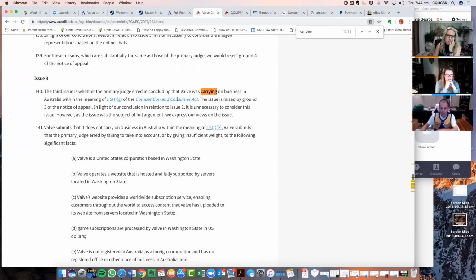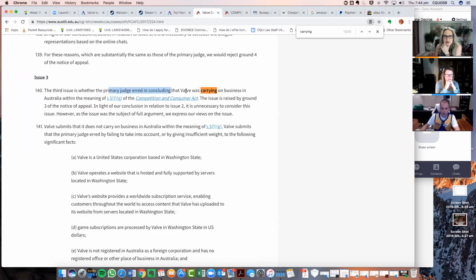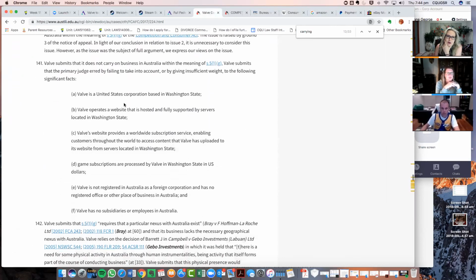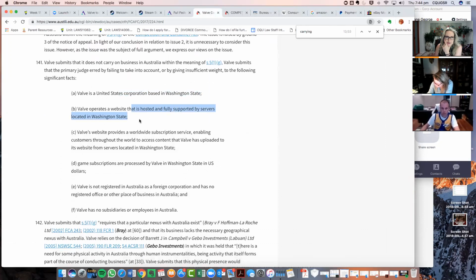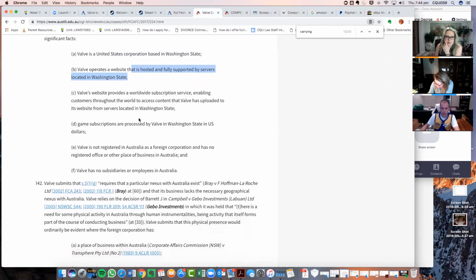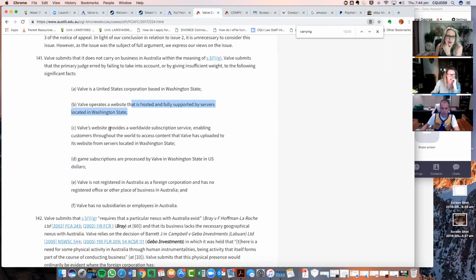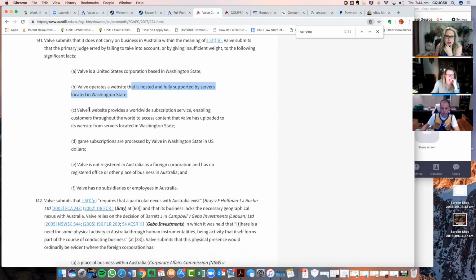Yes, the third issue is whether the primary judge erred in concluding that Valve was carrying on business. Now, he based that on these factors. He noted that they were based in Washington State, hosted and fully supported by servers in Washington State. Anyway, these were all the things going against it.